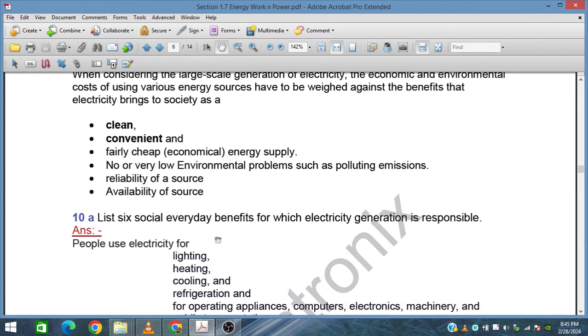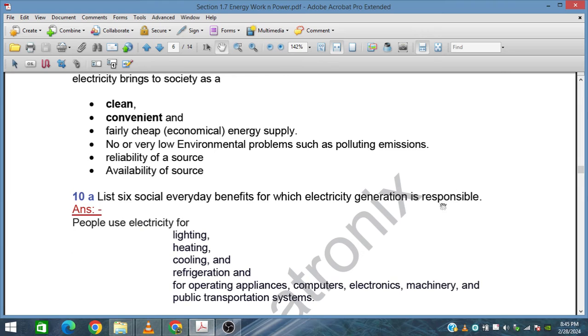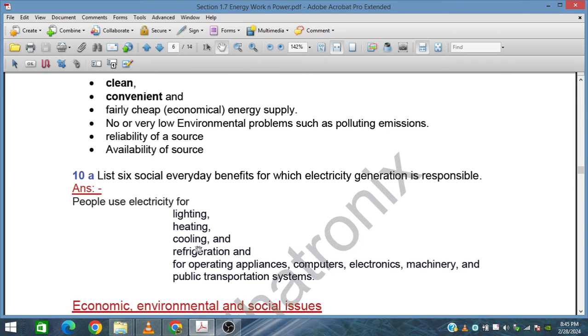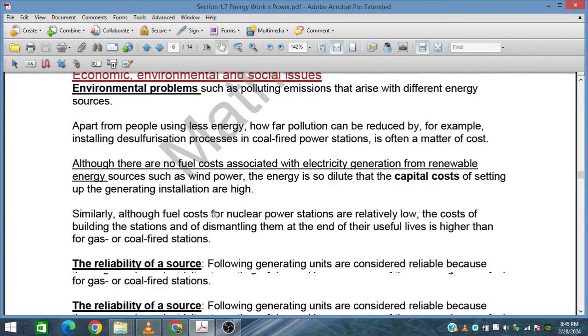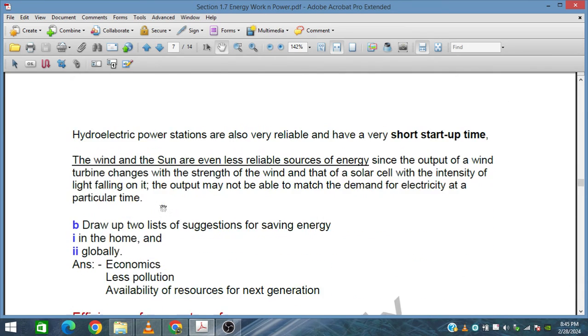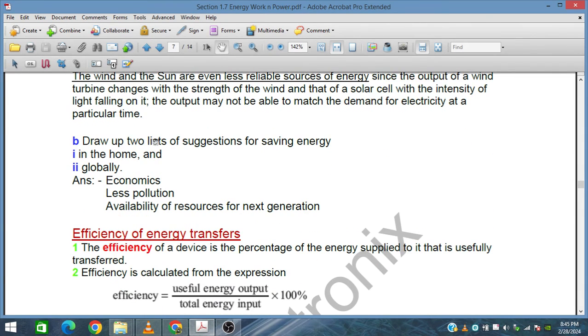List 6 social everyday benefits of electricity generation. So that is lighting, heating, cooling, refrigeration, operating appliances, computers, electronics, machineries, and public transportation systems, and many others. So these are some of the major benefits of electricity generation. Some other details are also here. Draw up 2 lists of suggestions for saving energy in the home and globally.